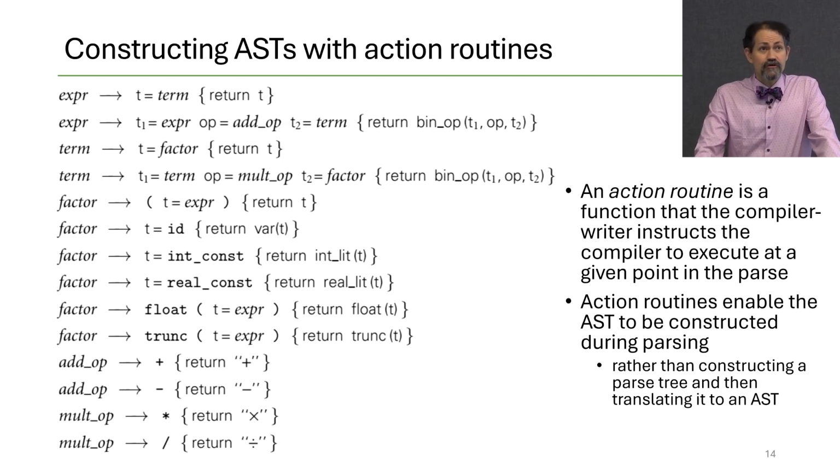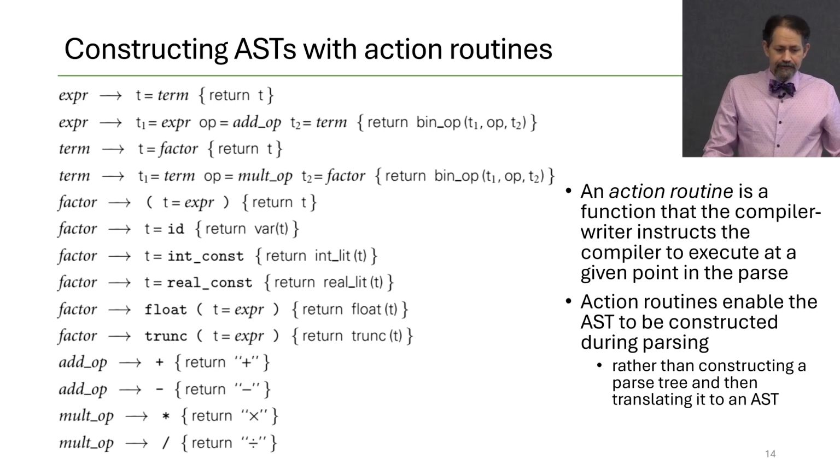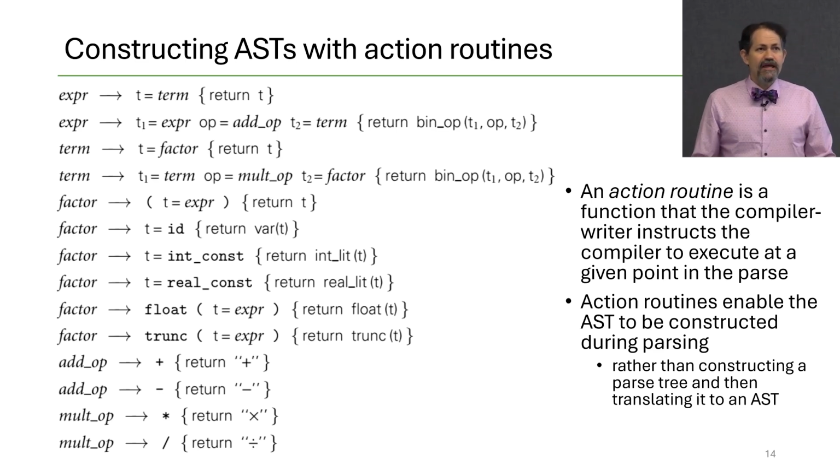So the expression parser, which is for addition operators, that's the second production in this grammar. We've expanded a little bit since our original grammar, right? Our original grammar says that an expression can be an expression followed by an add op followed by a term.